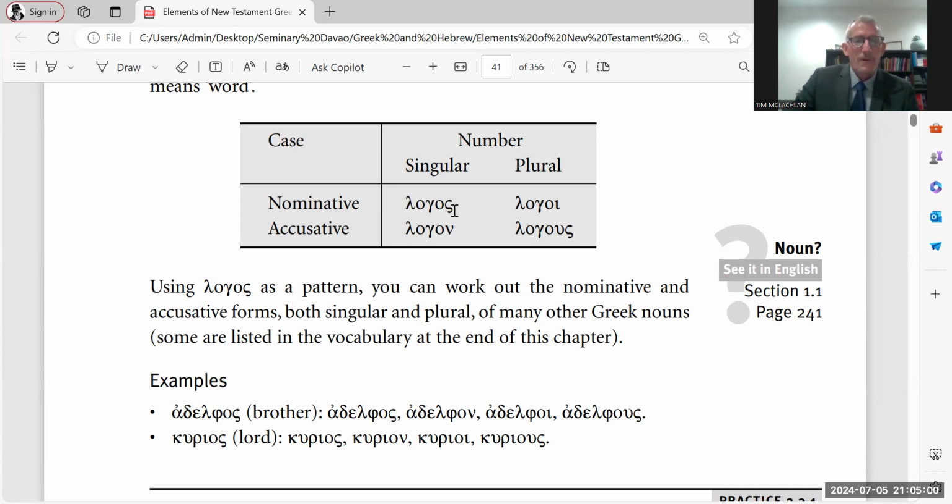So this is what we will work with. If you see the omicron sigma on the end of a noun, this is telling you that it's singular in number and it's the nominative case. They actually have different endings depending on whether it's masculine or feminine or neuter, and omicron sigma is the masculine ending.